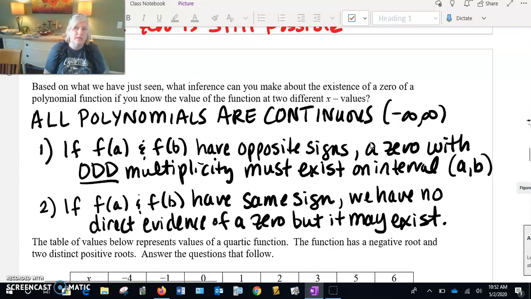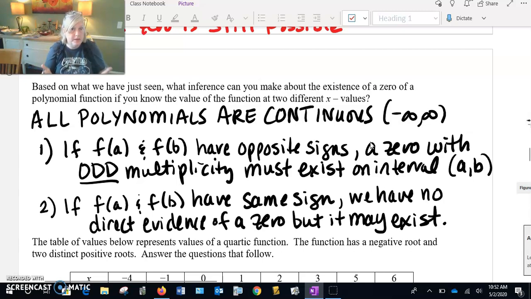So based on what we've seen, what inference can we make about the existence of a 0? So the first fact, all of this is hinging on the fact that polynomials are continuous. This is going to kind of fail if you have a non-continuous function. But if you have a continuous function, no holes, no gaps, no breaks, no vertical asymptotes or anything like that, if you can find two y values that are of opposite signs, then a 0 of odd multiplicity has to exist on the interval a to b.